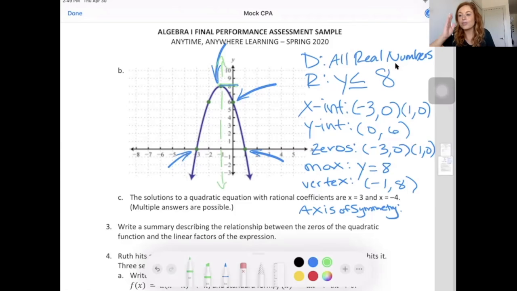V for vertical, the U is undefined slope, but what we're looking at is the equation. So that x equals a number equation, and it's going to be the number that it passes through, or the x value of our vertex. So we would say that our axis of symmetry is at x equals -1.